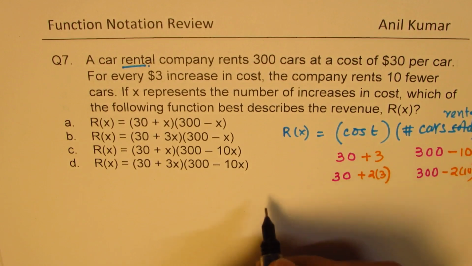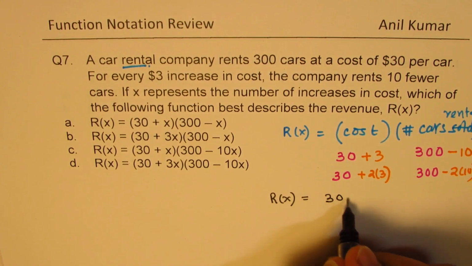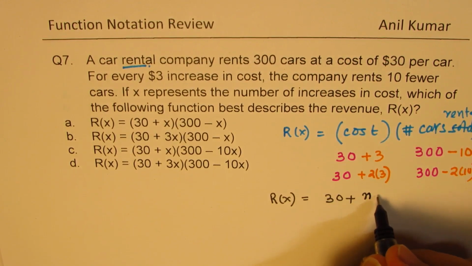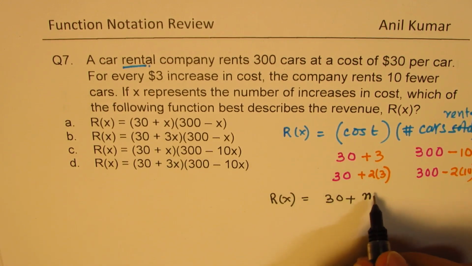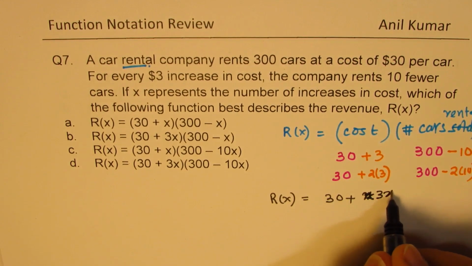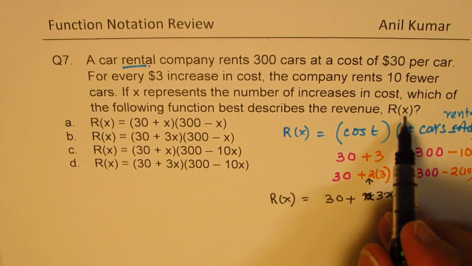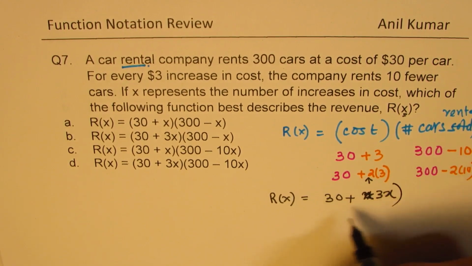So that gives us an idea that the cost could now be written as 30 plus n times 3 in general. Let's write this as 3x, with x as our variable, since we are talking about x as our independent variable.